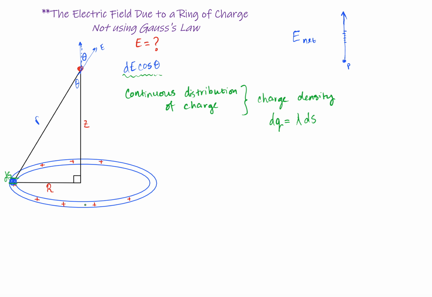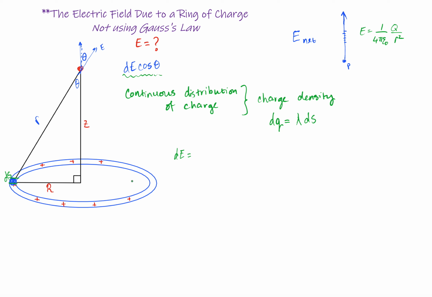Now I'm going to add up all these other ones eventually, but for right now, what I could write there is dE, and we already have this equation from before for a point charge. I'll put it up here just for reference: 1 over 4 pi epsilon naught times q over r squared.